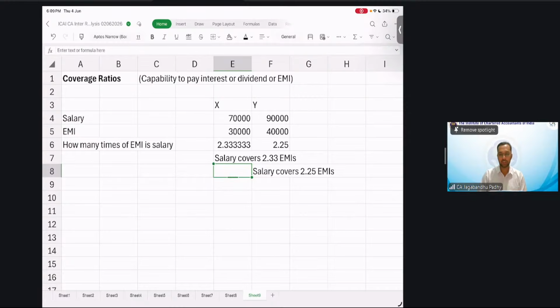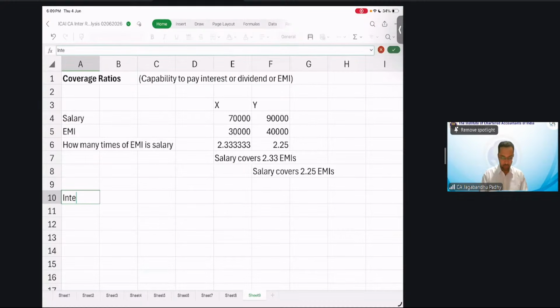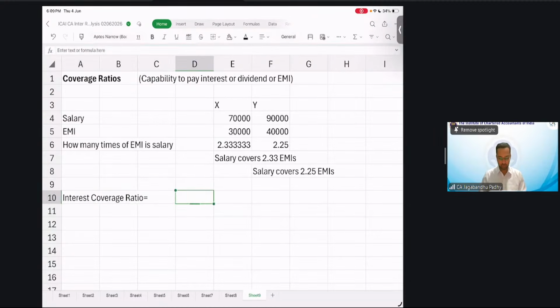So obvious that X is supposed to be more capable, right? So there are certain coverage ratios which are going to tell us this similar story. If you want to see how capable the company is to pay interest, we use the interest coverage ratio. Interest coverage ratio is EBIT upon interest.